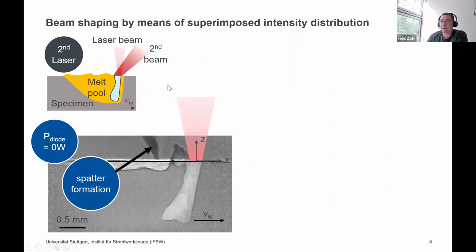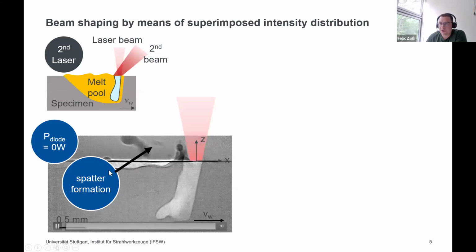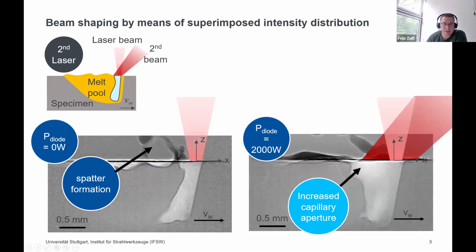Another approach is the use of a second laser source, which in this case was a diode laser. We then pointed it at an angle on the sample surface. Here on the bottom, you can see a welding process with the reference, so without the diode laser. You can see this fluctuating capillary back wall and this ejection of melt resulting in spatter formation.